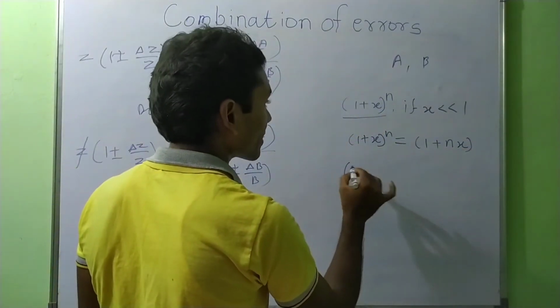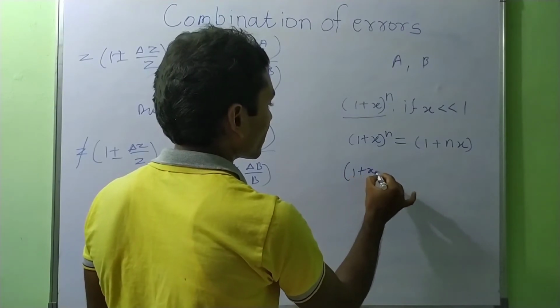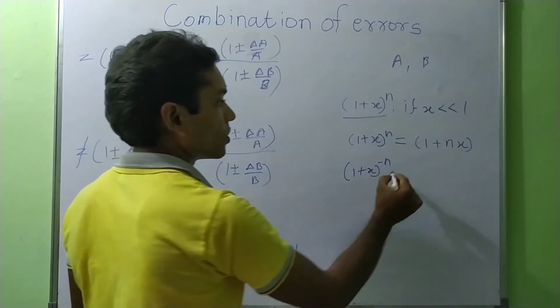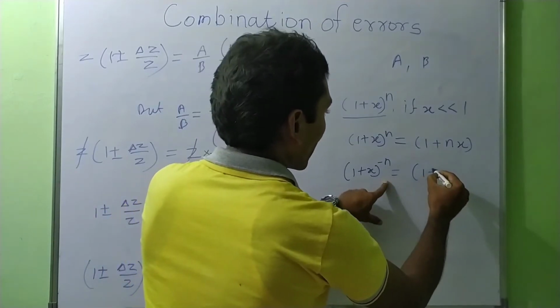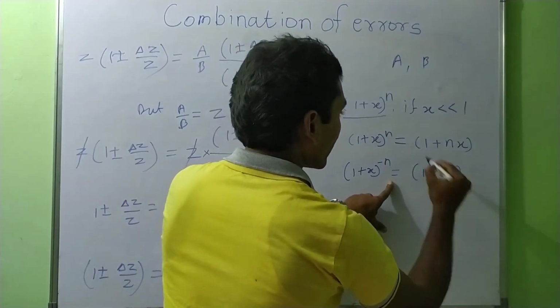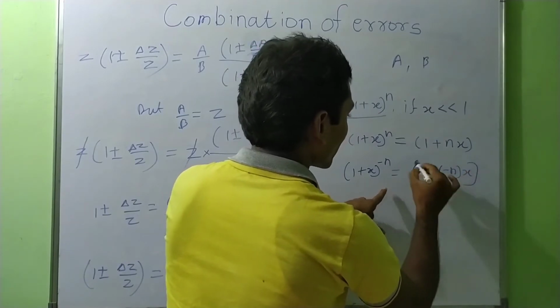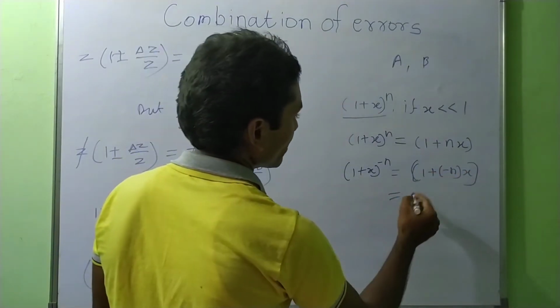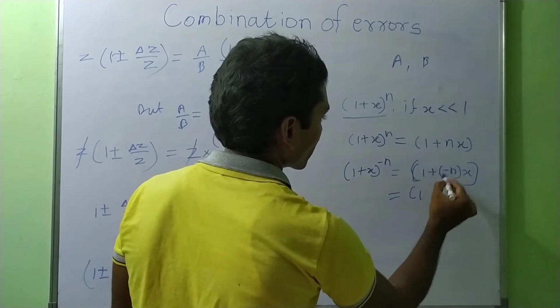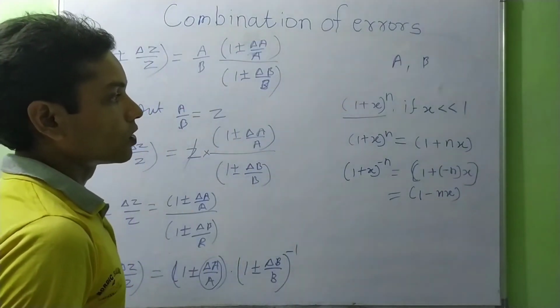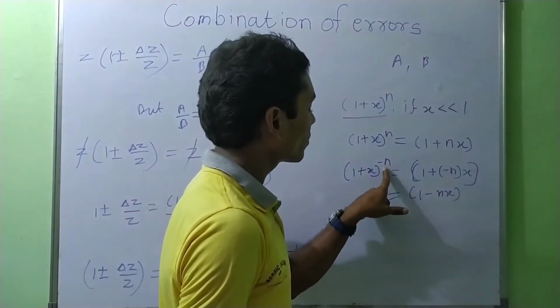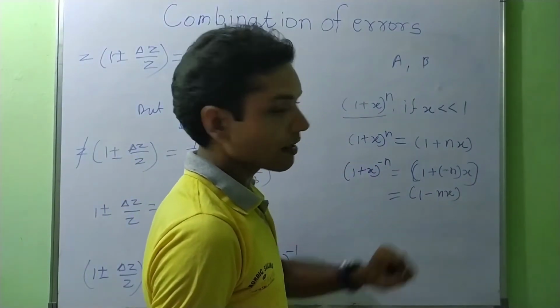If the power is negative, like minus n, it will be 1 plus minus n into x. So if the power is negative, the term will be negative.